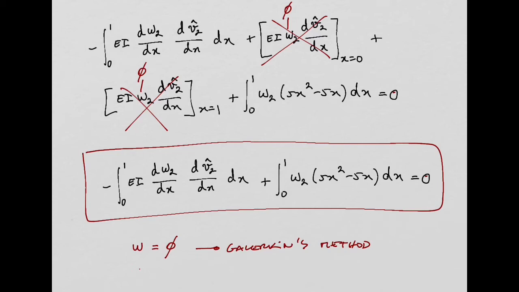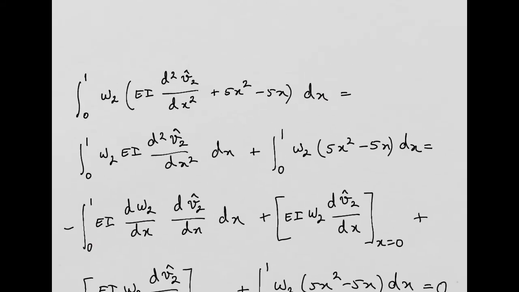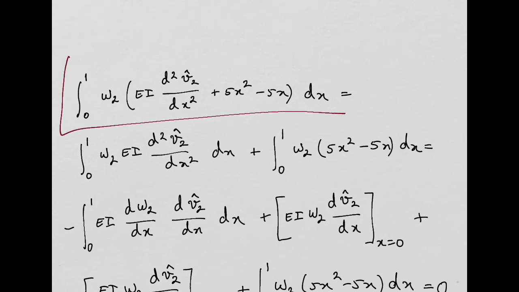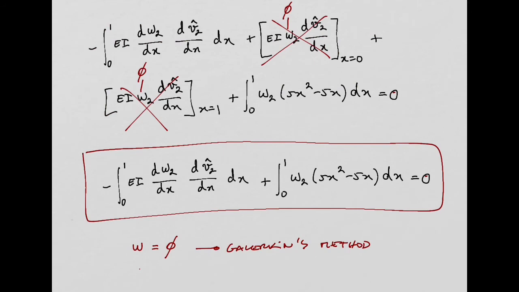And you can see here that you don't have anymore any second derivative as you had here in this original weighted residual here. You can see clearly here a second derivative of your approximation function, while after integrating by parts, you don't have a second derivative anymore. You have the product of two first derivatives, okay? That is quite an important thing, especially for finite element analysis, as we are going to see, not today, but in a forthcoming session in the future, okay?